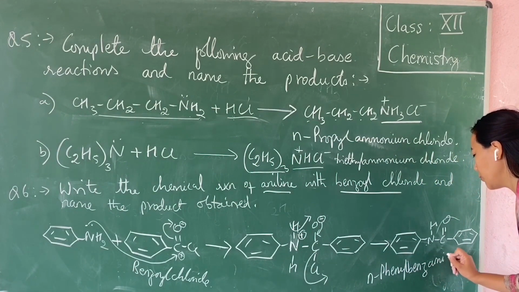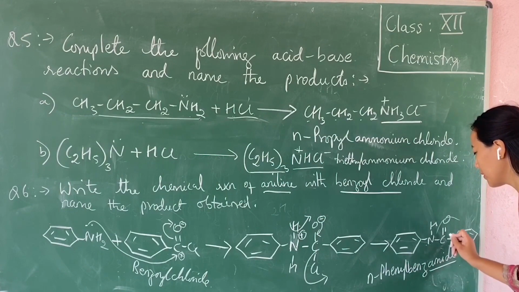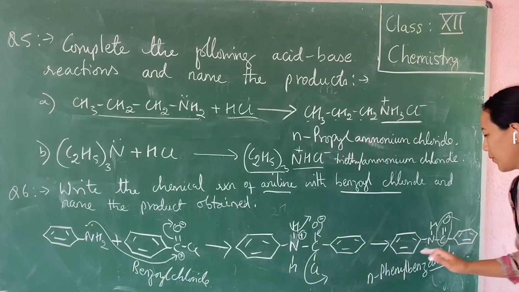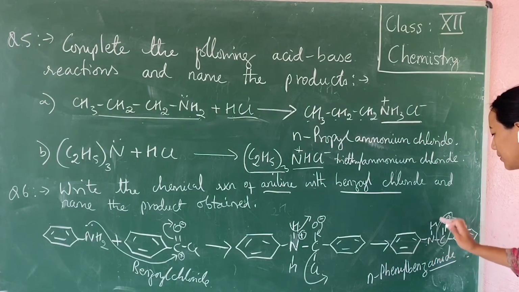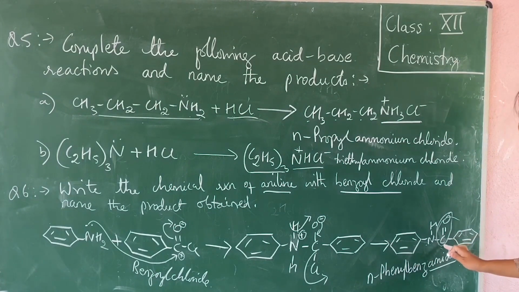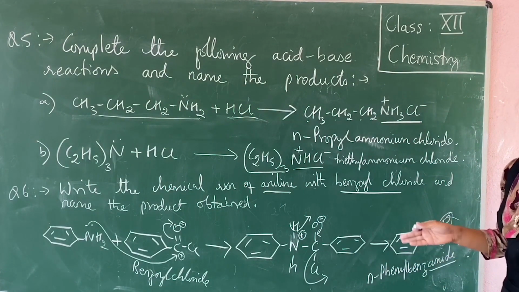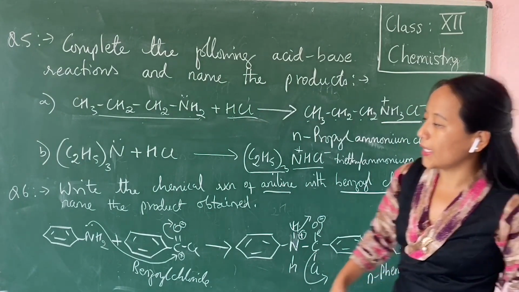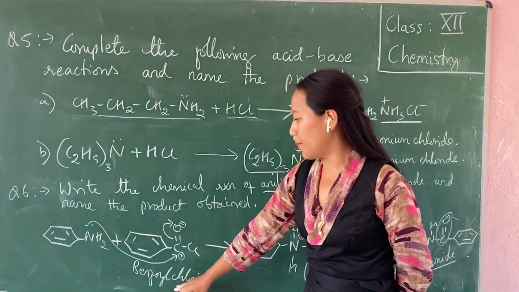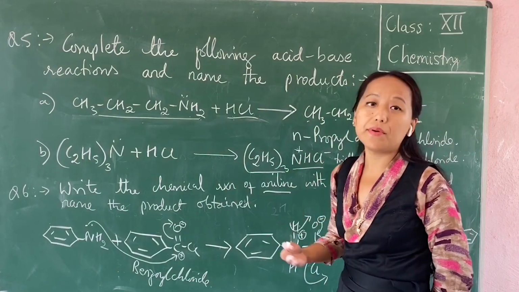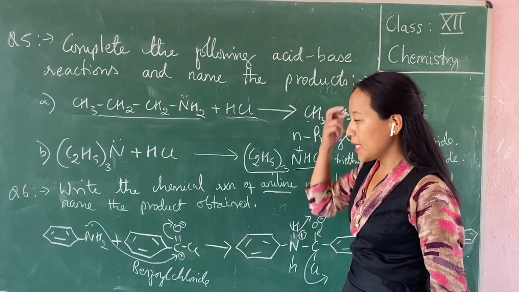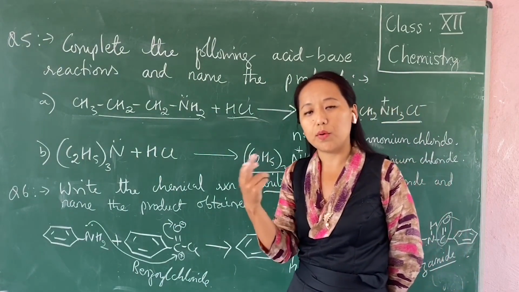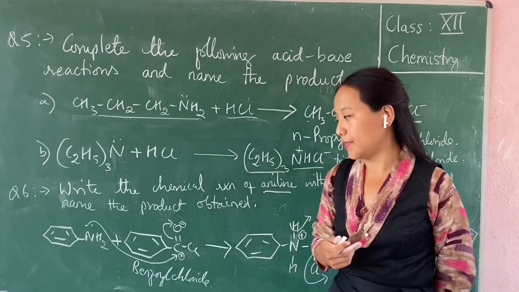Amide refers to the amide group, C double bond O. So N-phenyl benzamide, you have a benzene which is next to C double bond O, therefore benzamide. So N-phenyl benzamide is formed when you react aniline with benzoyl chloride. Remember the structure of benzoyl chloride, that is benzene with C double bond O and then one Cl atom.